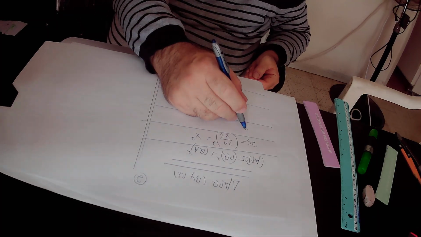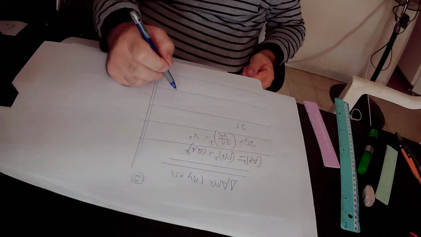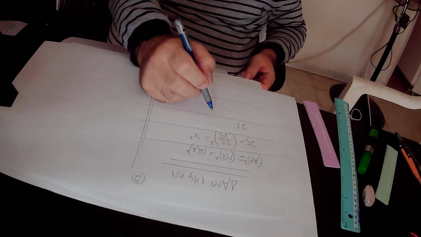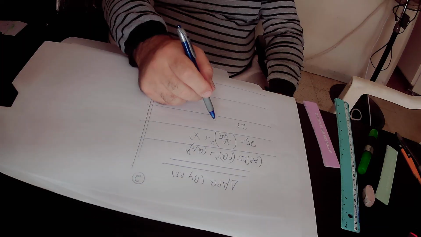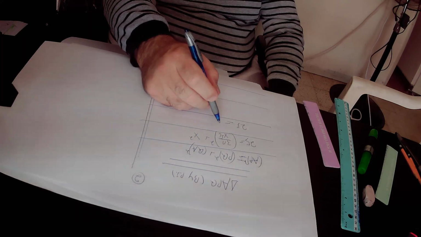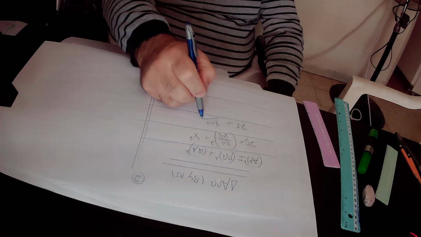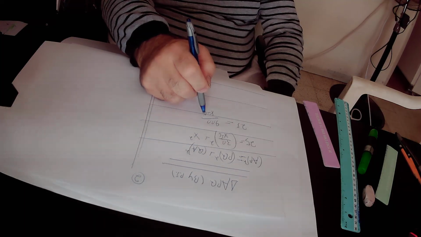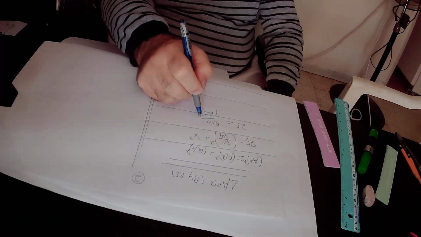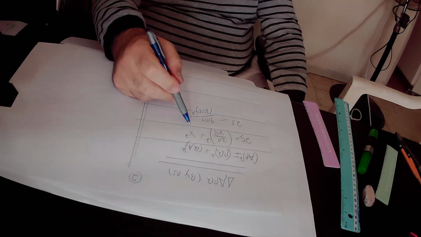So 25 equals, we open the brackets of this expression, 30 over x plus 6 squared equals 30 squared, that is 900, over x plus 6 squared. And we have here plus x squared.